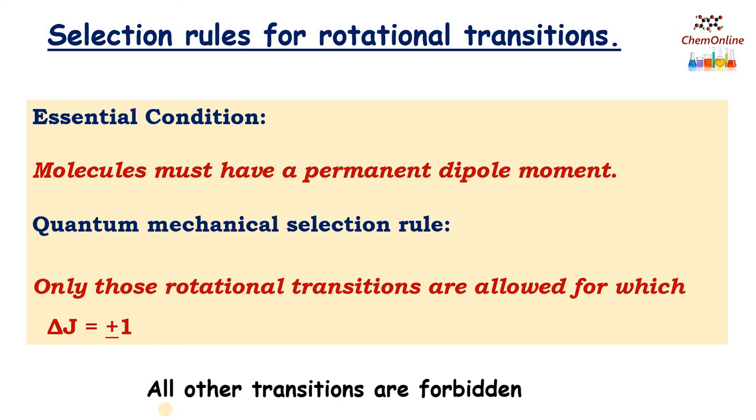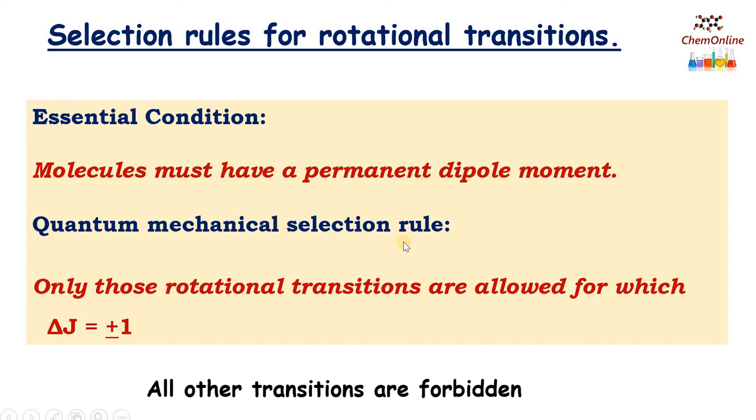Next is about the selection rules. We have already seen that only molecules with a permanent dipole moment will produce a rotational spectrum, and that is the most essential condition. Now, by absorbing microwave radiation, the molecule will undergo transitions between the rotational energy levels. But all possible rotational transitions are not quantum mechanically allowed transitions.